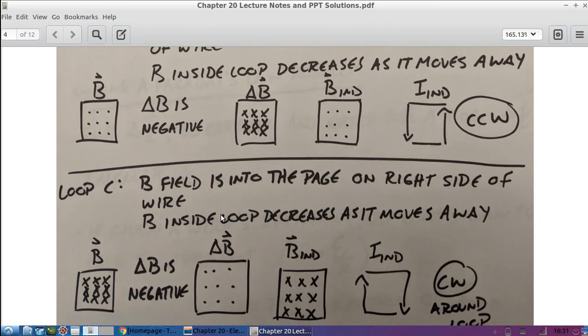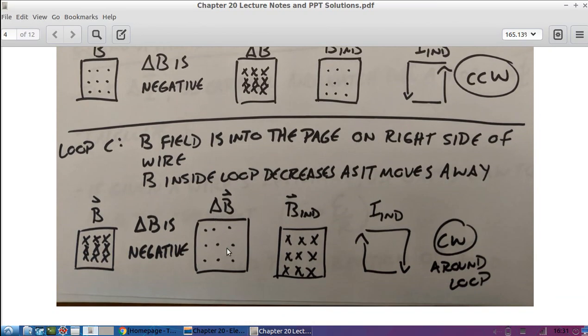So I've got to find B induced, right? B induced is the opposite direction of delta B. It's going into the page, but it's getting weaker. So delta B is coming out towards you, and so B induced is back into the page. I've got to use my right hand rule.